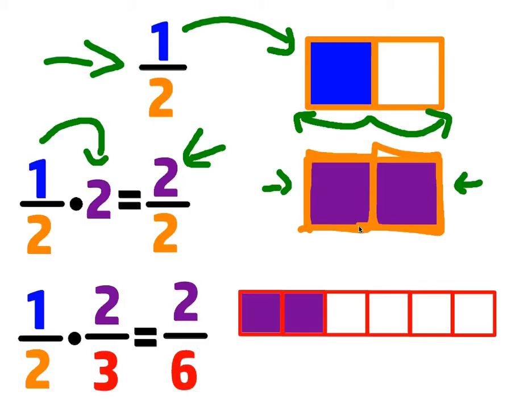So now I want to take it one step further. We're still going to have the 1/2, and we're still going to multiply by 2, so we actually have 2 pieces to the whole, but we're going to divide by 3. Okay, so in other words, what we're doing is we're multiplying by 2/3.